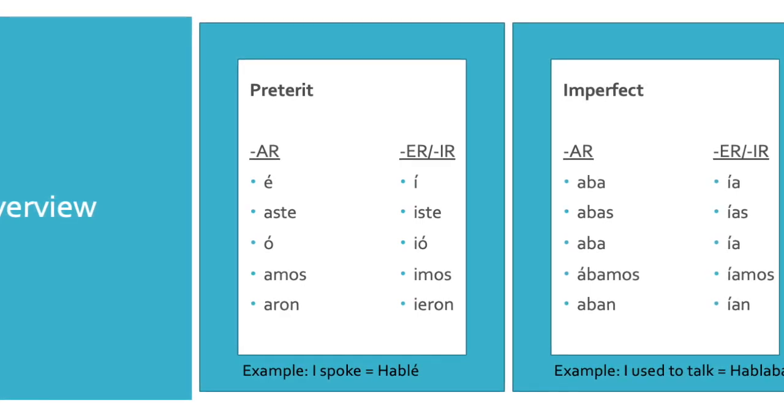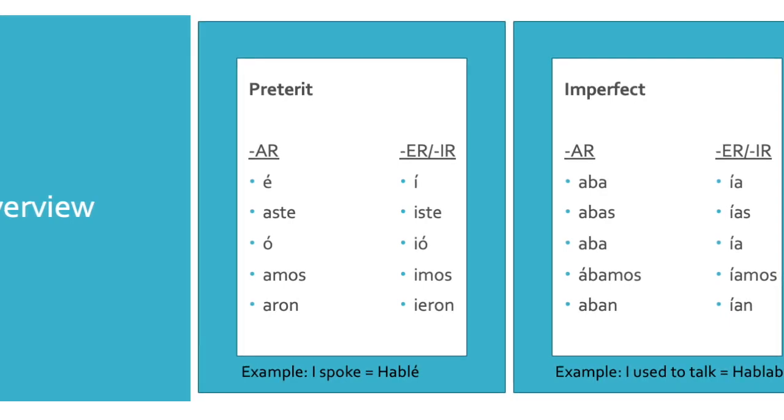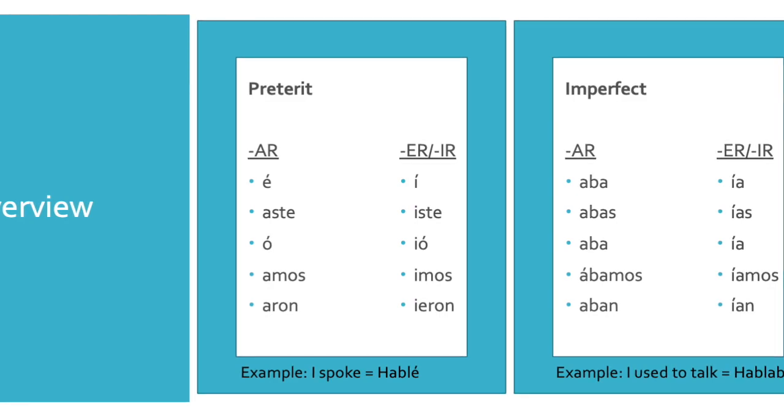Overall, you need to know that the preterite is used when you are talking about something specific that happened for a particular period of time, whereas the imperfect is used when you're talking about ongoing action in the past or something that used to happen.